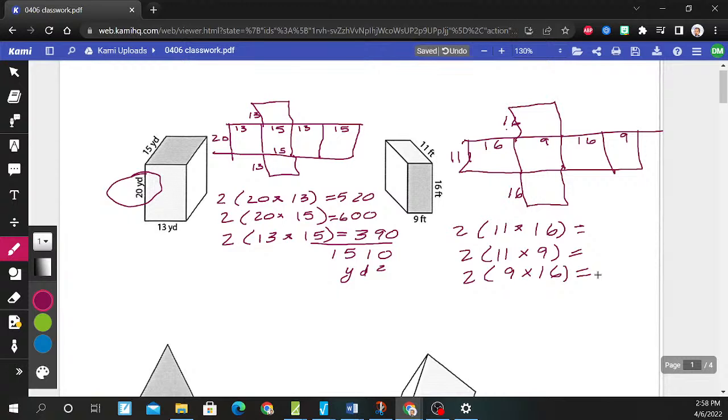So working this through, 2 times 11 times 16 gives us 352. 2 times 11 times 9 is 198. And then 2 times 9 times 16 gives us 288. So we add 352 plus 198 plus 288 gives us 838. And that's feet squared.